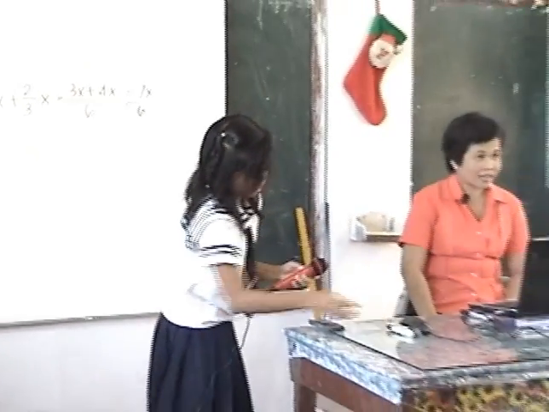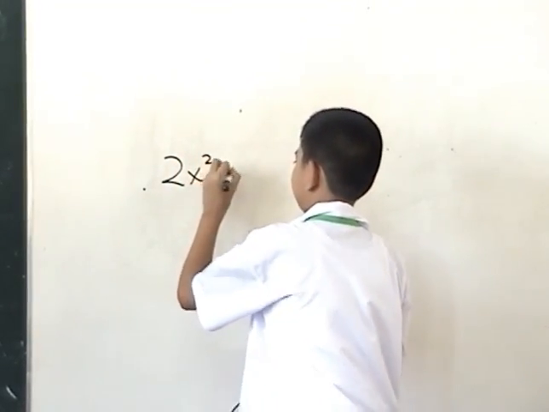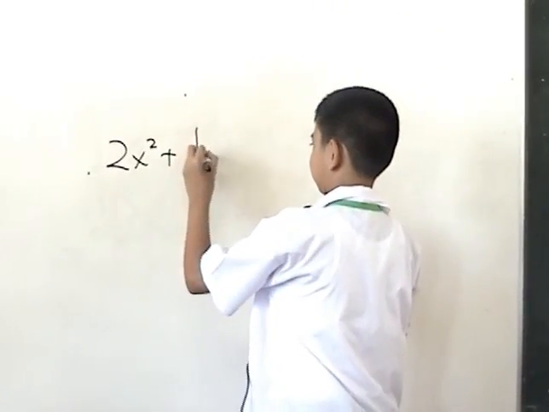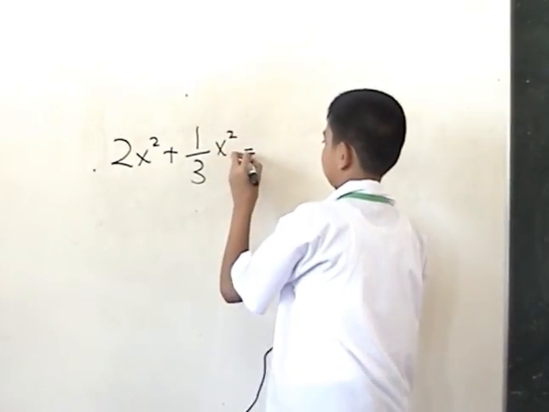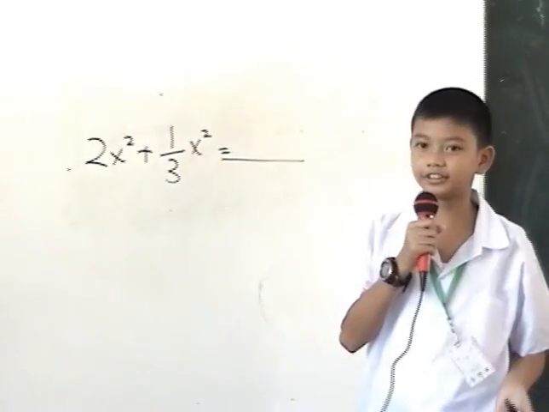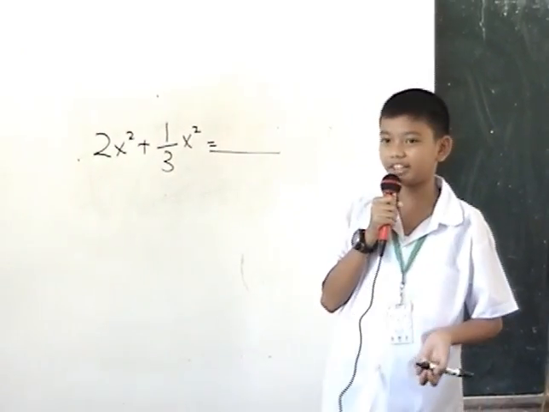Number 2, Renz. To add 2x squared and 1/3 x squared, first we need to find the LCD of 3 and 1.